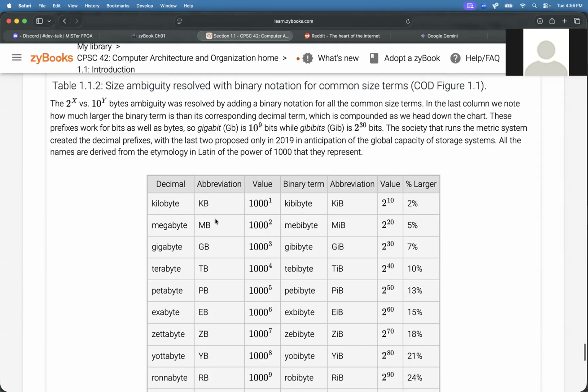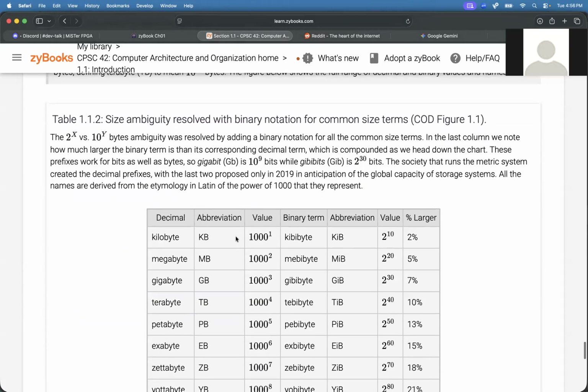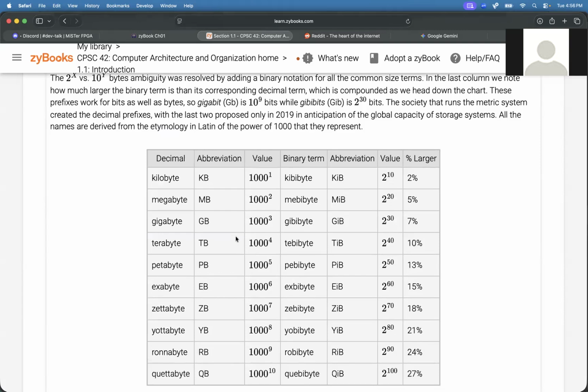So these prefixes, nobody uses these correctly, I think, by the way. You know that there's prefixes that you have for kilograms, milligrams, things like that.